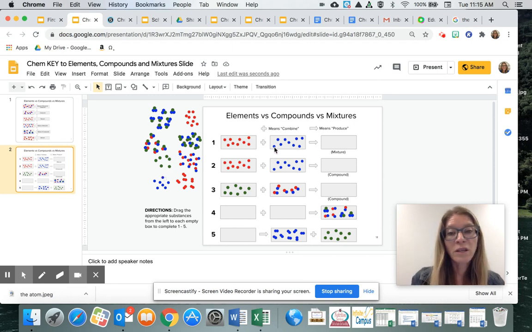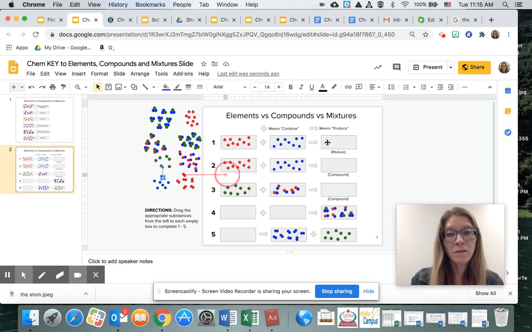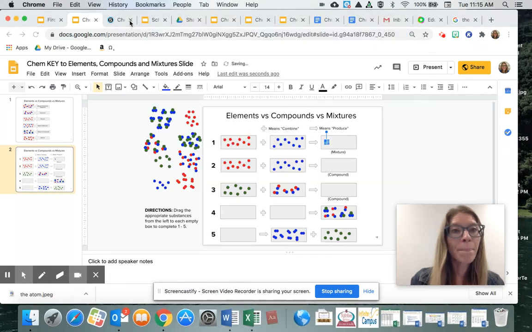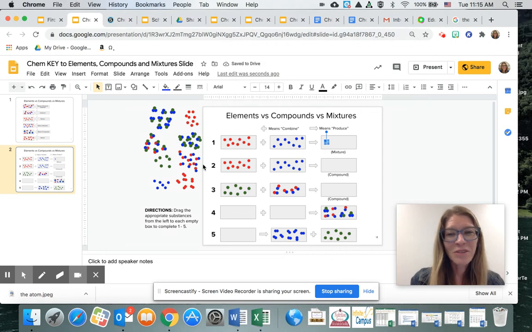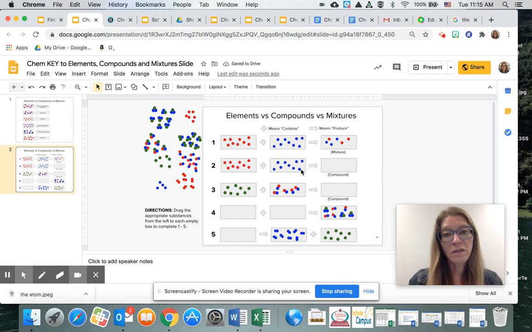To do this, you can copy and paste the dots, or you can also just select them from over here and drag them over. So we'll have a few blue atoms that we put in there, and then we'll add a few red atoms. And as long as they're not touching, they would just be physically mixed together in the same space.